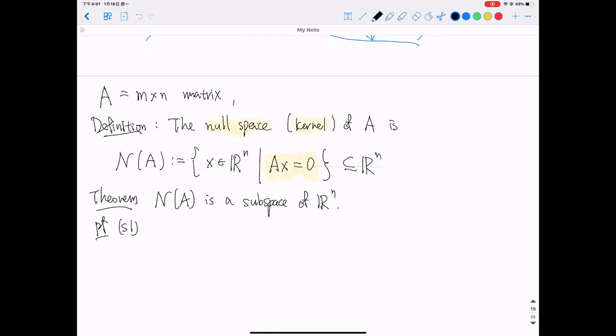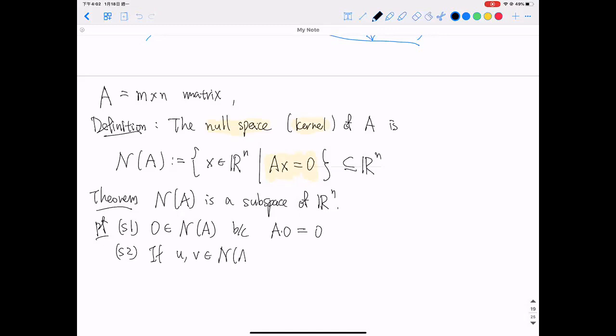Again, by the previous theorem, we check the three properties required. The first one is to say that the 0 vector is in N(A). That's just because A times the 0 vector is always the 0 vector. There's nothing interesting here.